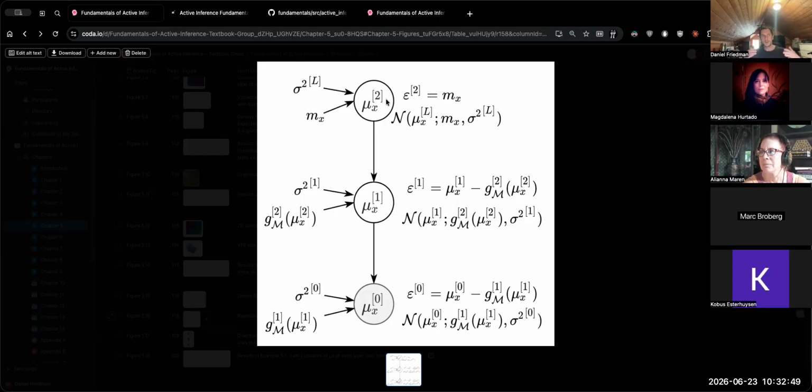For example, let's just say that we have the observation of, like, a three-digit number. We have the ones place, the tens place, and then the hundreds place. So just like a three-digit number.